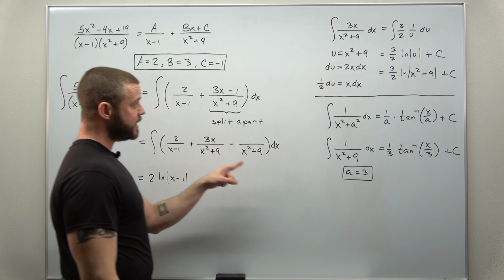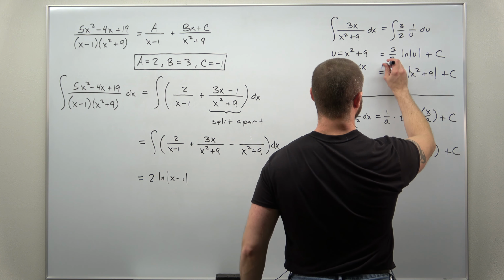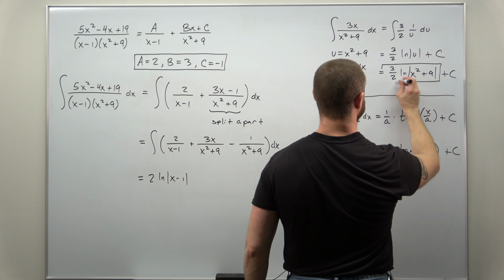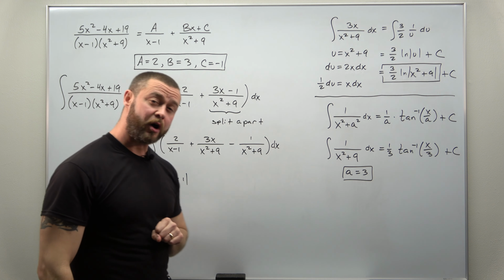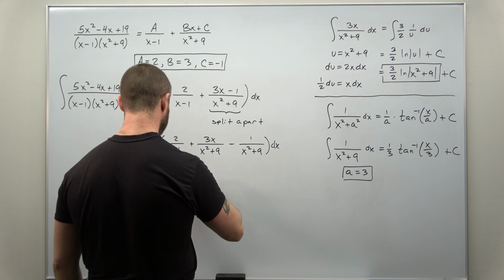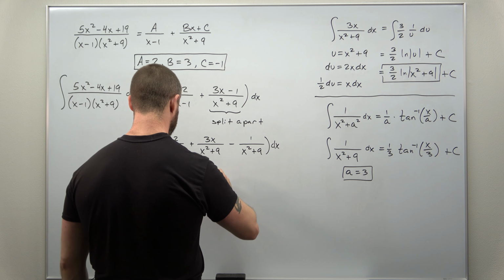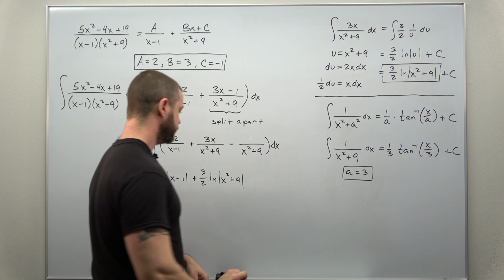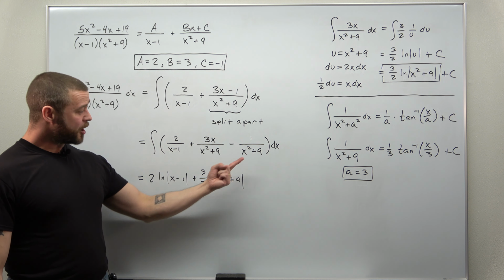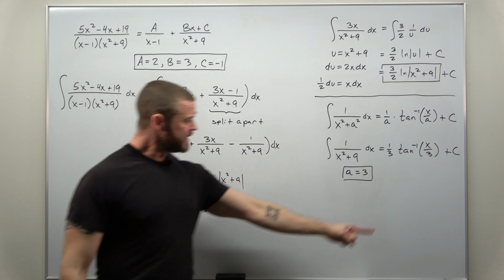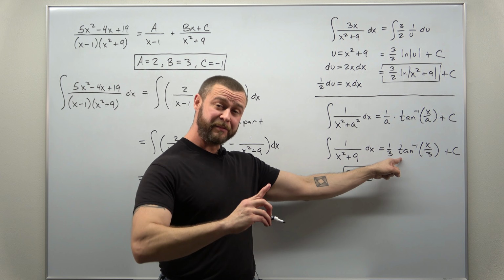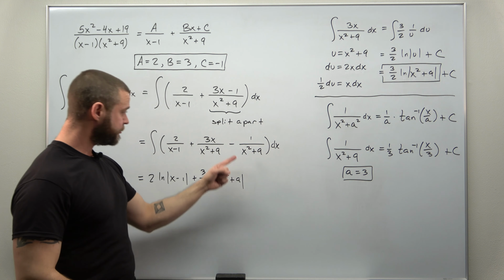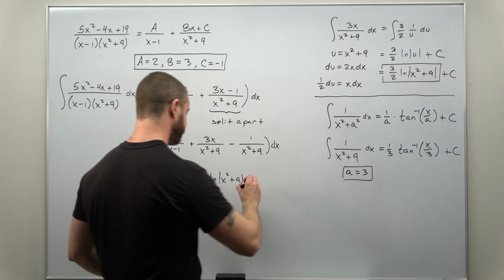The middle term, we integrated that as 3/2 natural log of x squared plus 9. And then our last term, we integrate that to 1/3 times inverse tangent of x over 3. Don't forget your minus.